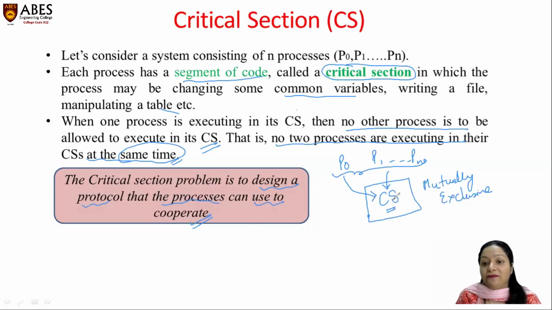This we can achieve through the concept of critical section. Now, which process will get the critical section and how will we prevent other processes from entering it? This is called the critical section problem. That means how we will manage this critical section: by designing a protocol so that the processes can use it to cooperate with each other.